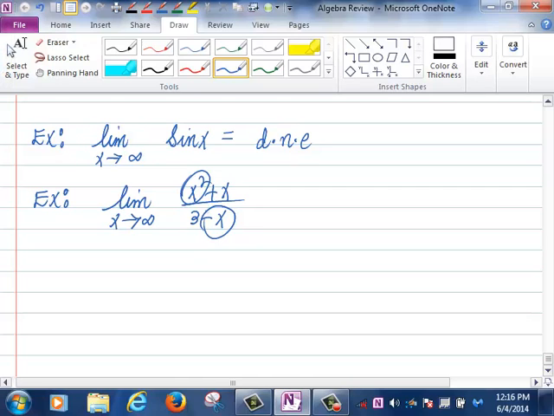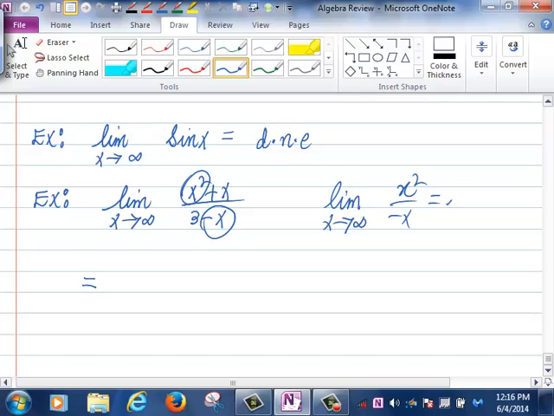Okay? And so imagine that you only have x squared divided by negative x. Then what's the limit? What's the limit as x goes to infinity of x squared divided by negative x?